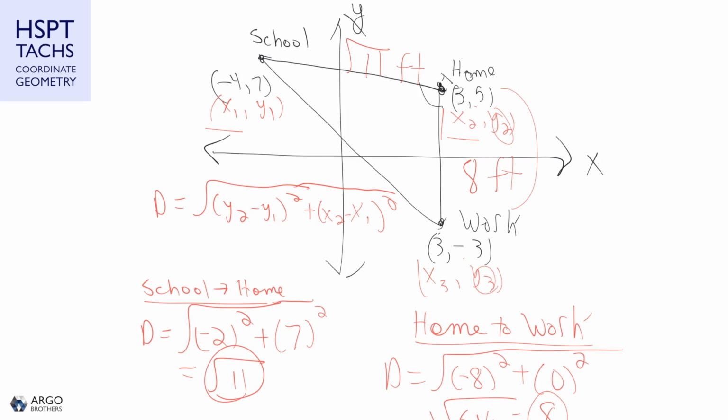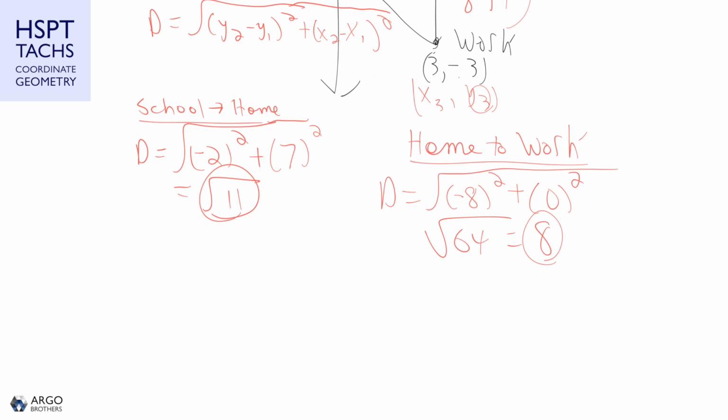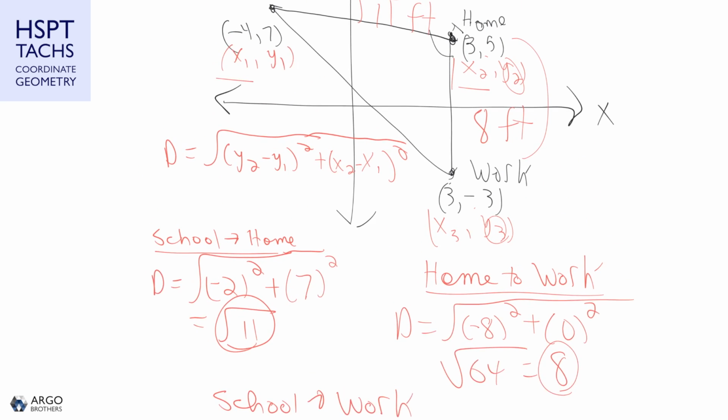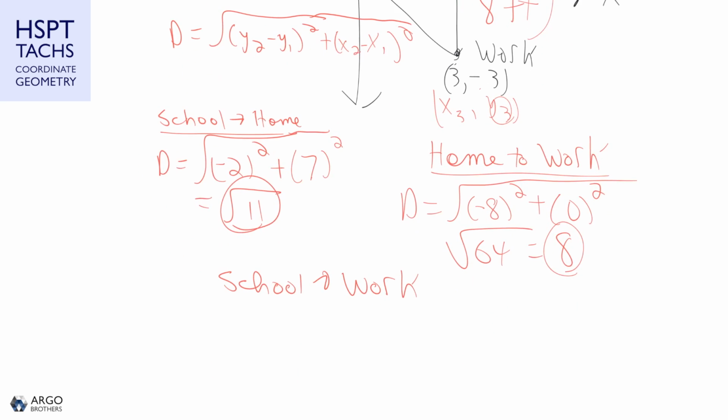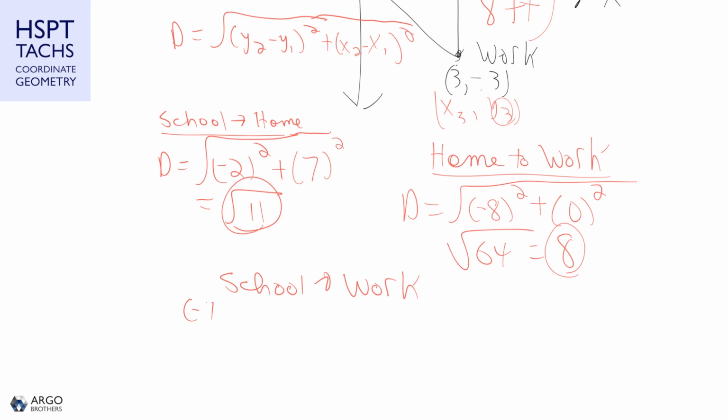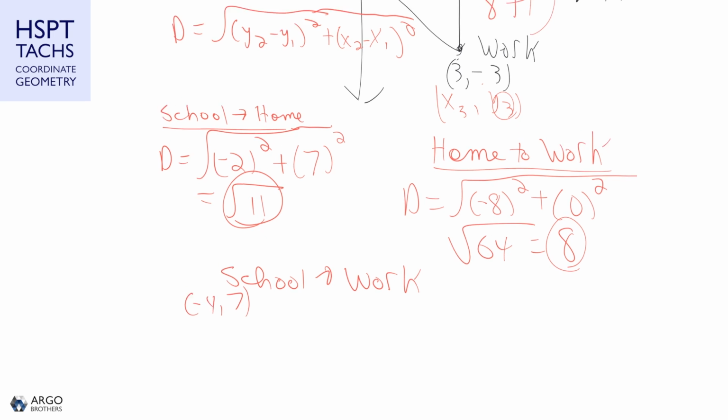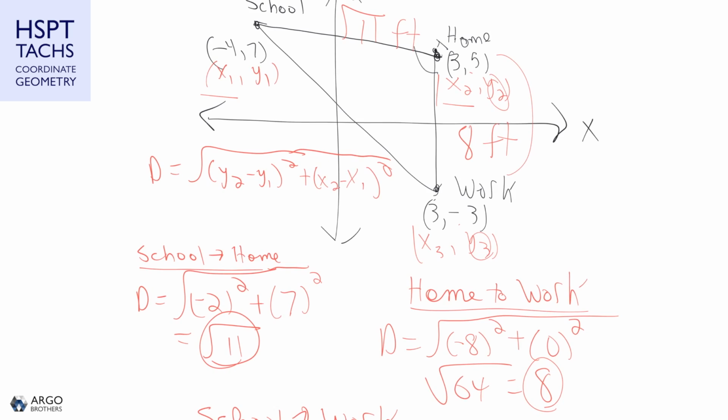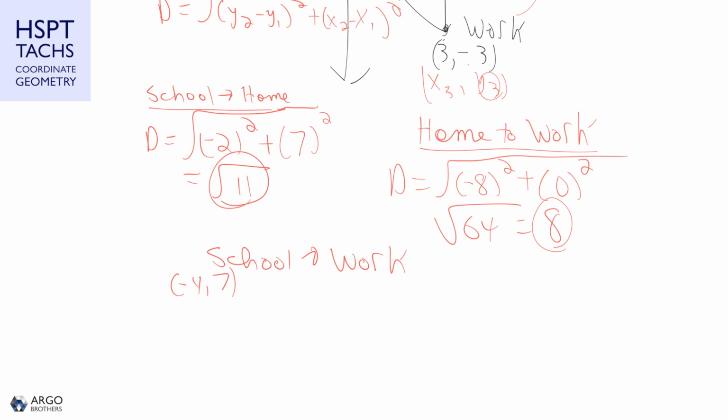And now let's find the distance between school and work. So I'll do that here. School to work, which is the same as work to school. And what are the 2 points? Well, we have school as negative 4, 7, so I'll write that here since we can't see it, and work as 3, negative 3.